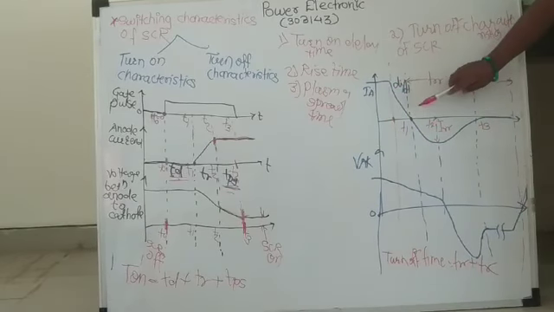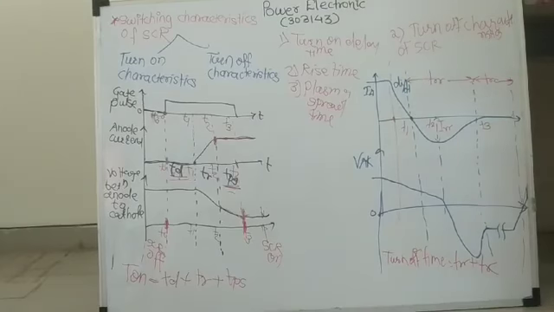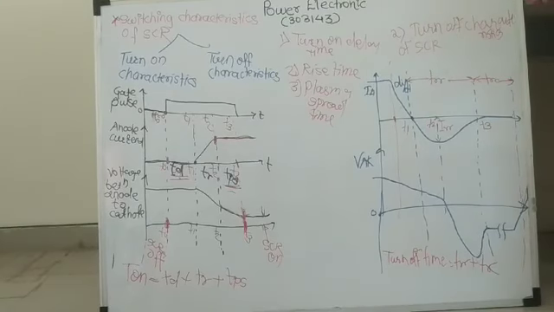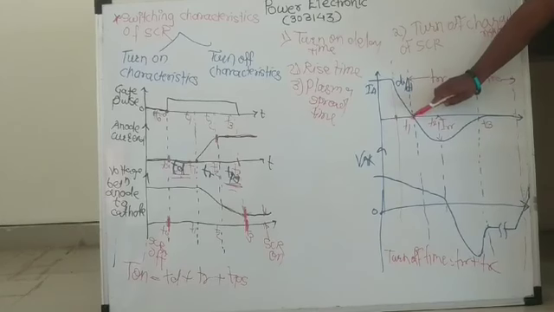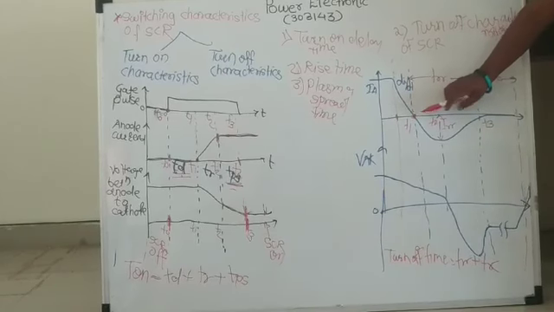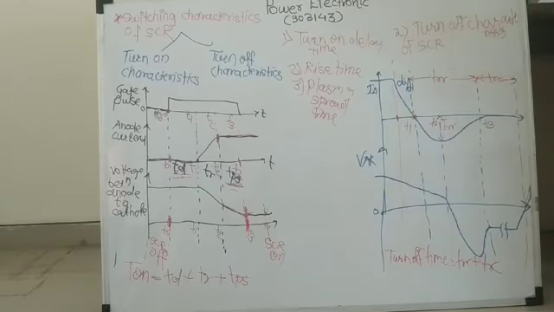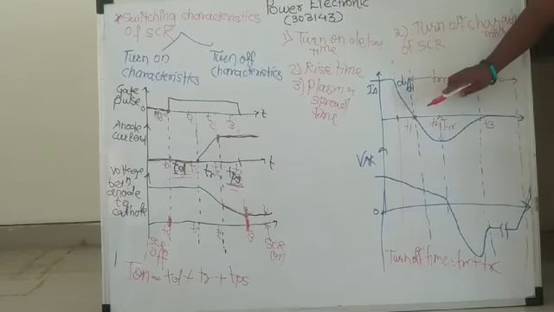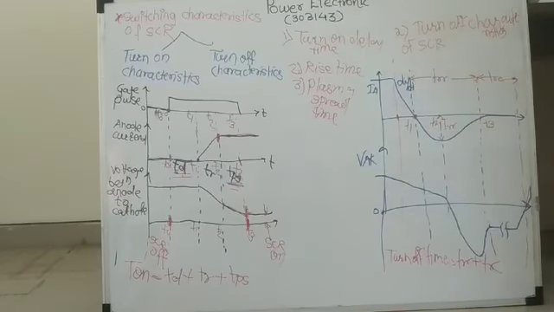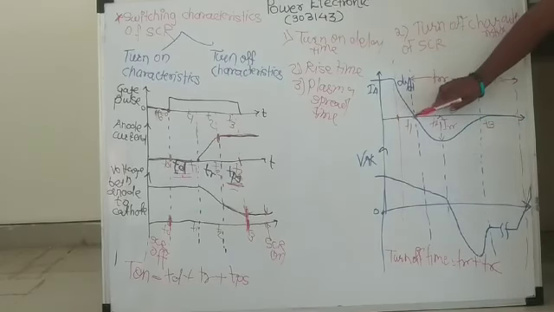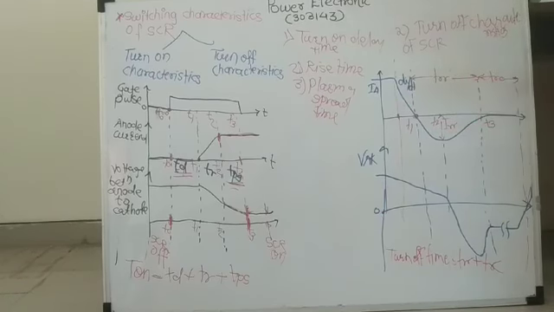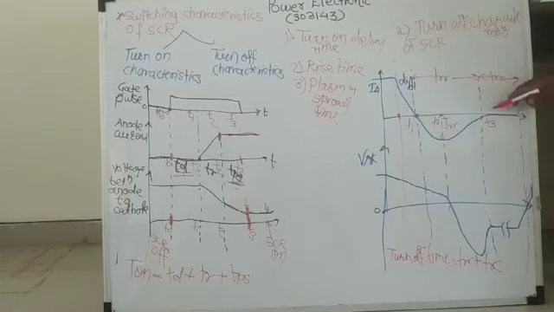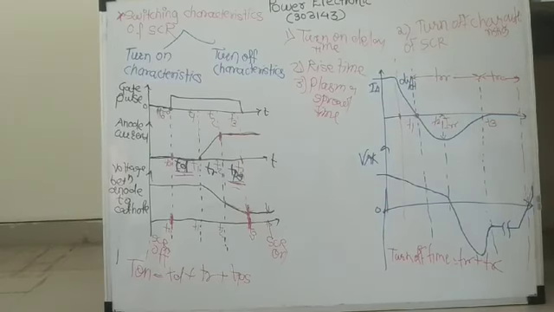Because when the electron hole pairs get recovered, after this 0, maybe the electron hole pairs get increased and it may increase your anode current. To avoid this, it is necessary to make the charge equal to 0. Hence, first of all it goes to the negative side, and when the total charge is removed, at that time it again goes to the 0 level.